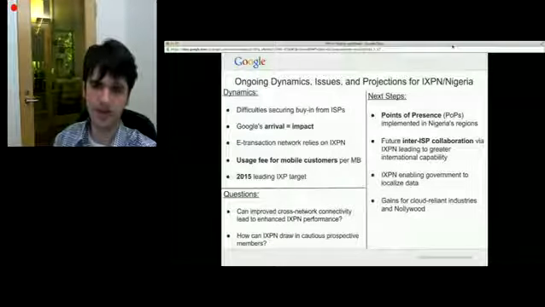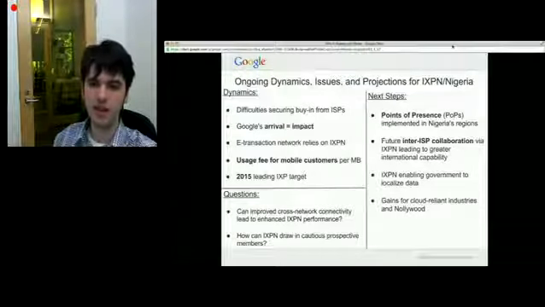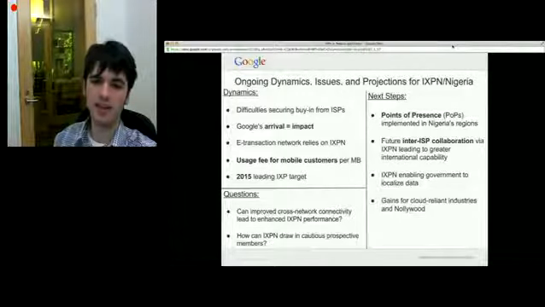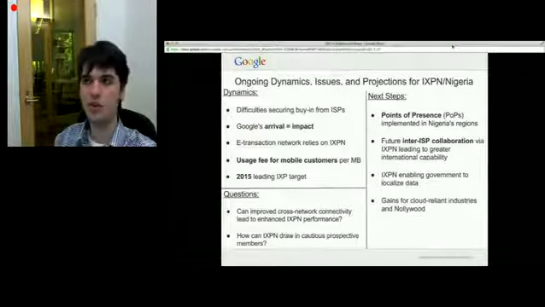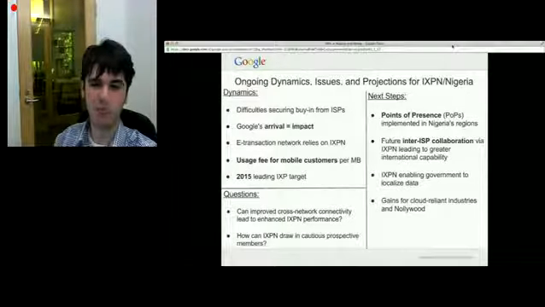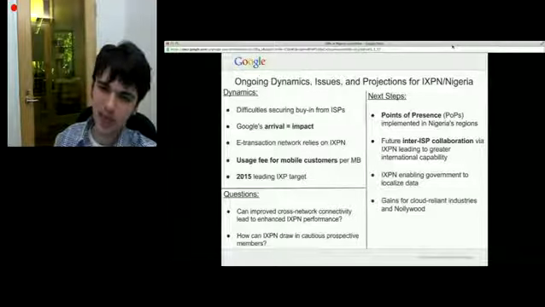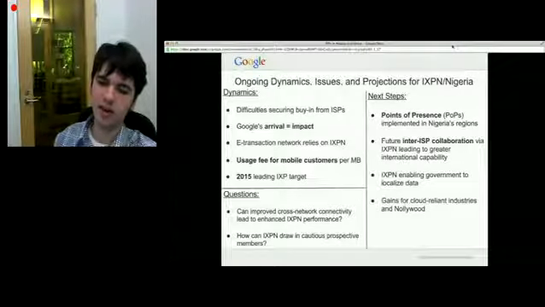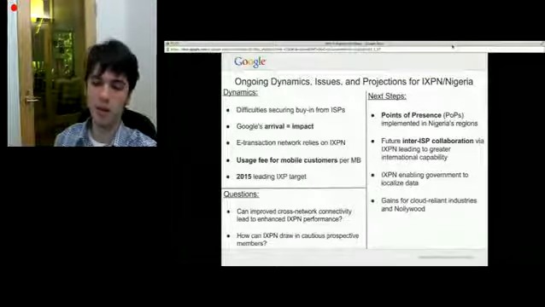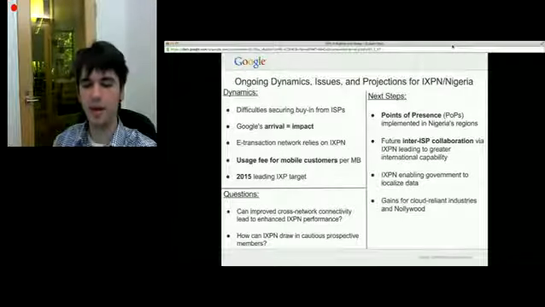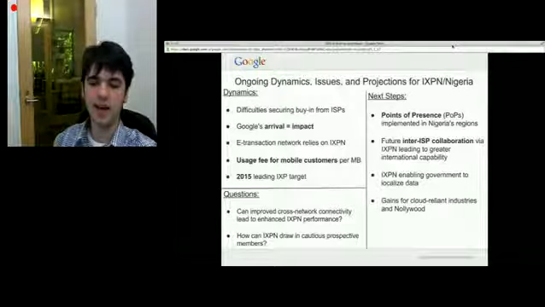Another next step is that future inter-ISP collaboration is likely to occur. And what that will do is lead to not just more cooperation with domestic traffic, but more cooperation with international traffic. And something else is, the Nigerian government has not fully localized its data, but the IXPN can act as a catalyst for encouraging and enabling the government to do so.